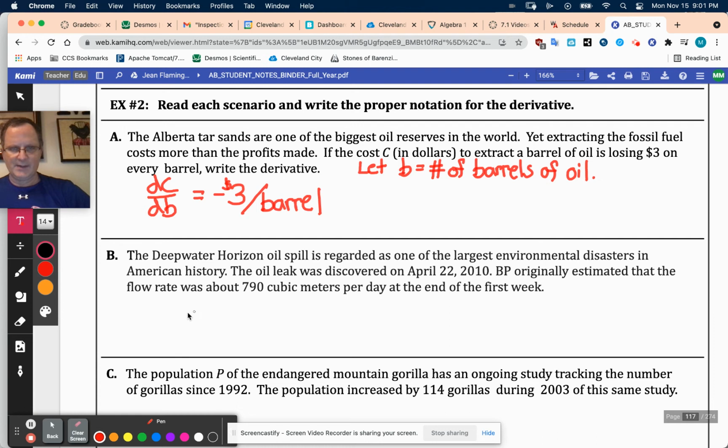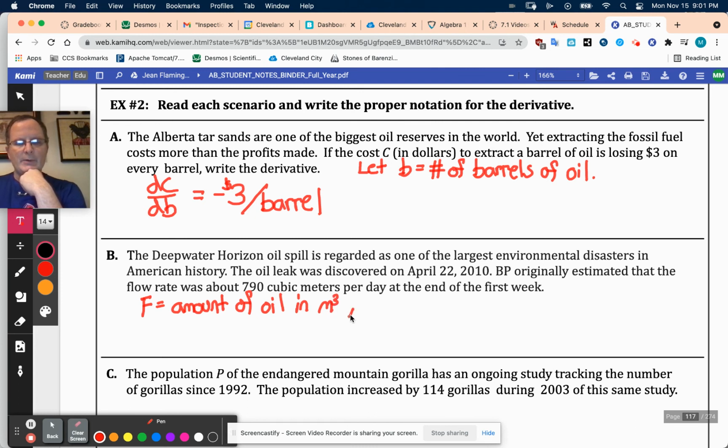All right, so what do we want to say? The flow. So F equals, I don't want to use O for oil, so we'll say F is the amount of oil in cubic meters.